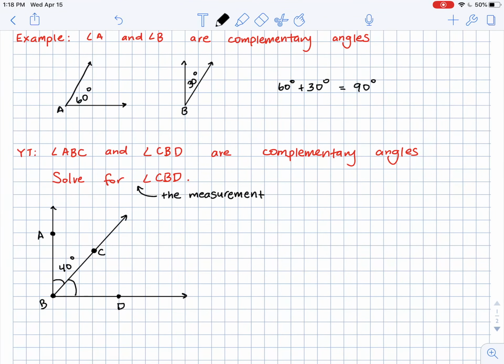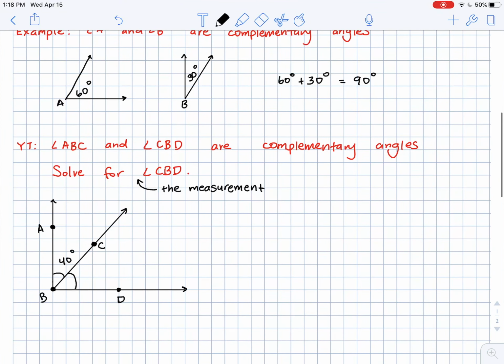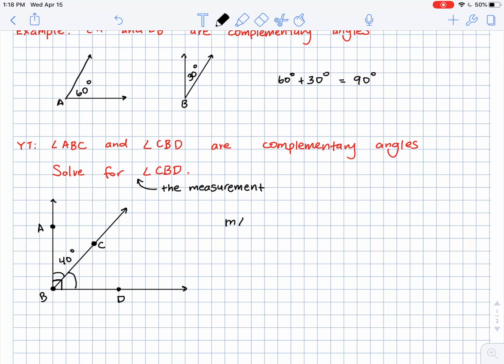Okay, so we know angle ABC plus angle CBD is going to equal 90 degrees. They're complementary. So that means the measure of angle ABC plus the measure of angle CBD is going to equal 90 degrees. Now I can plug in. The measure of angle ABC is 40 degrees.